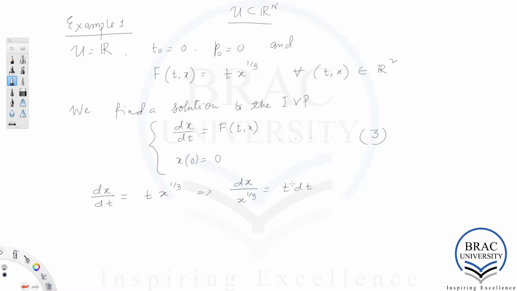Now integrating on both sides, we have 3/2 x^(2/3) equal to t^2/2 plus c prime, which gives us 3 times x^(2/3) equal to t^2 plus c, for a suitable constant c.